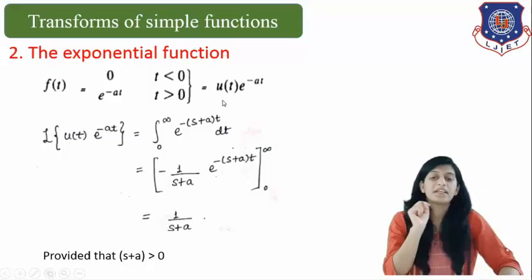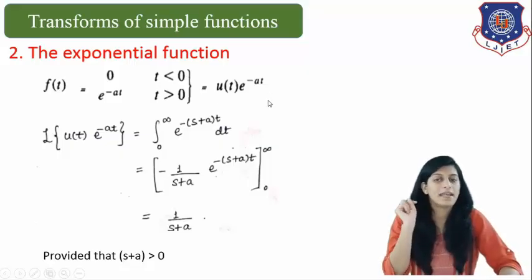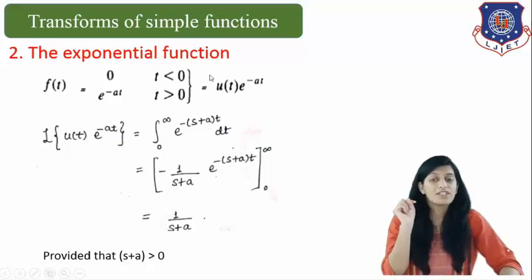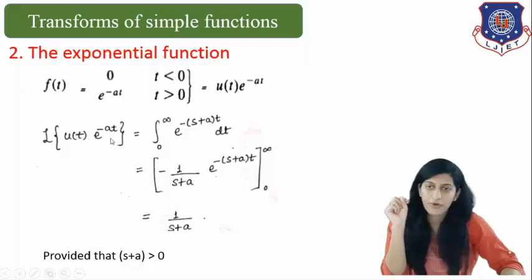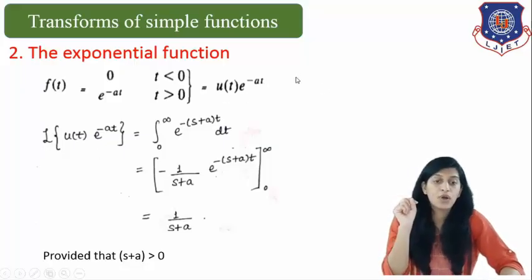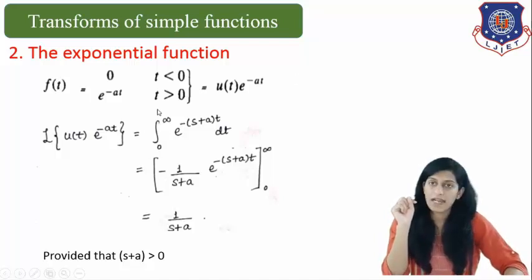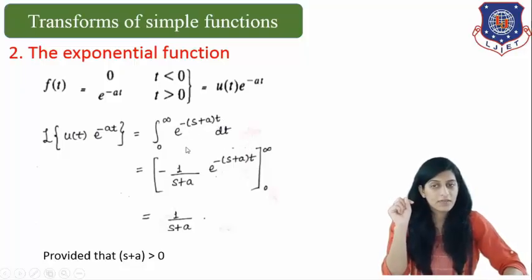It can also be written as u of t, that is unit step function, into e raised to minus at. So once you take Laplace of this particular function, what will happen? I am taking the Laplace of u of t e raised to minus at. This is equal to integral from 0 to infinity of e raised to minus (s plus a) t dt, right?